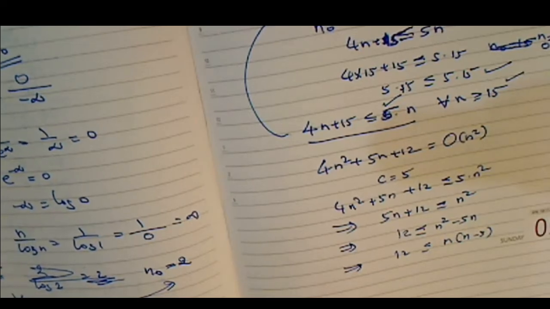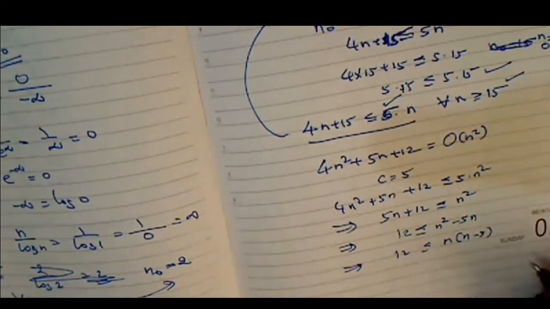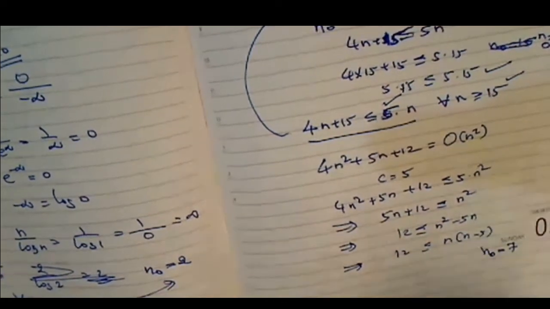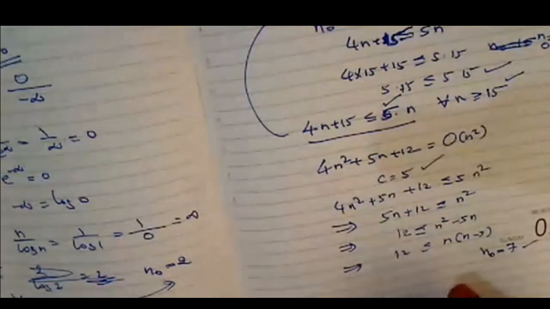Satisfying or not satisfying? No, sir. Okay, then n is equal to 7. Yes, sir. Okay, so we can take n naught is equal to 7. So from 7 onwards, this inequality holds good. So we found c and n naught, and for all values of n greater or equal to 7, this inequality holds good. And again you can say that it is order of n square.